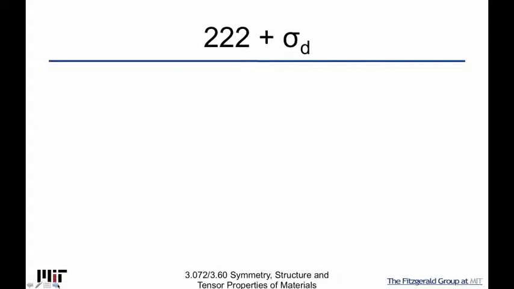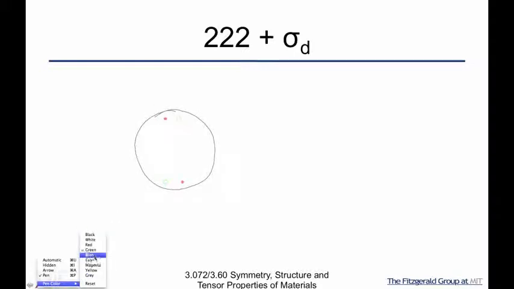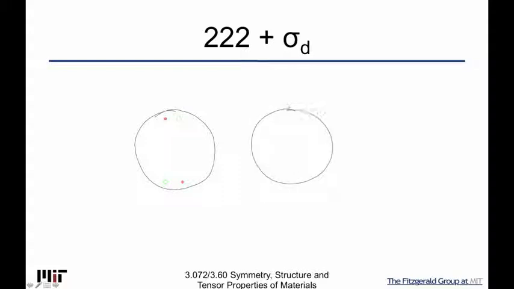Now, this is the first time we're going to apply a new extender here. Let's take our case, and if we draw the element for the 2, 2, 2, we had a twofold on each direction because we had a series of twofold axes going in every way, 2, 2, 2.